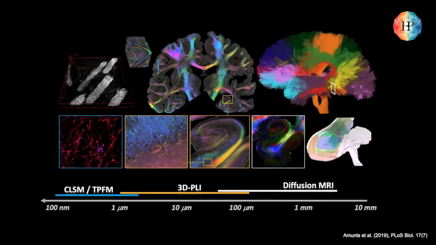Of course, PLI and SLI are interesting components towards connectome data, but of course we are all much more interested in the different scales we can acquire, and it's clear that diffusion MRI works at different levels.